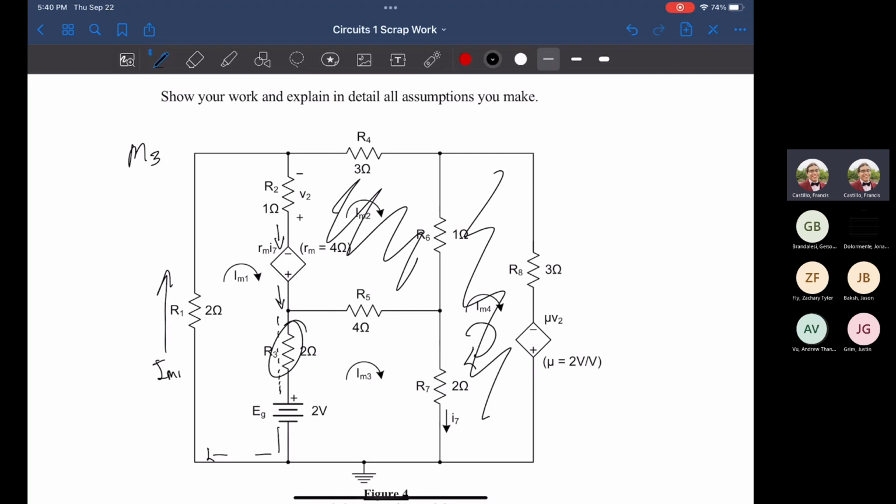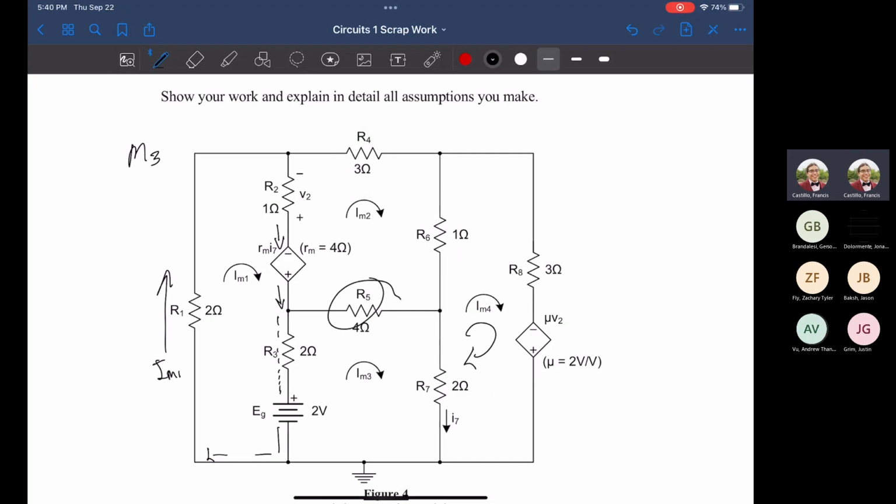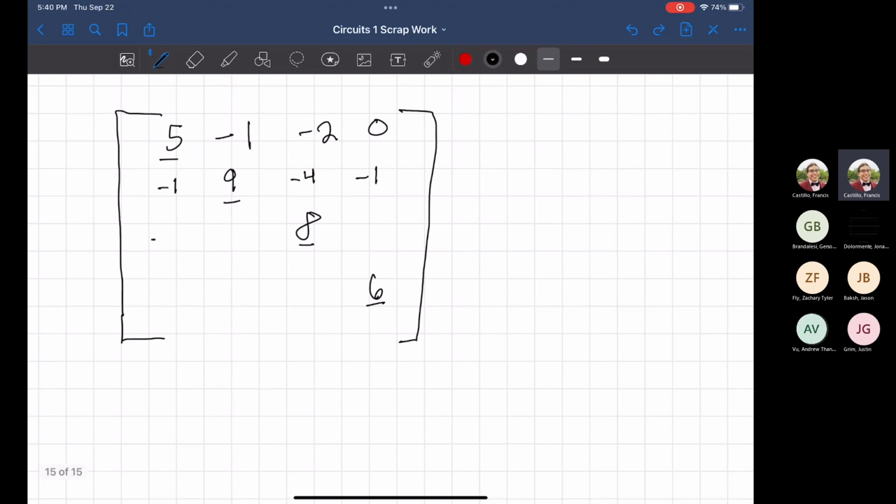It's R3. So we will put a difference of -2 ohms there. And the same concept would apply between mesh 2 and 3. These are the shared components right here. So it would be a -2, -4, and another -2.